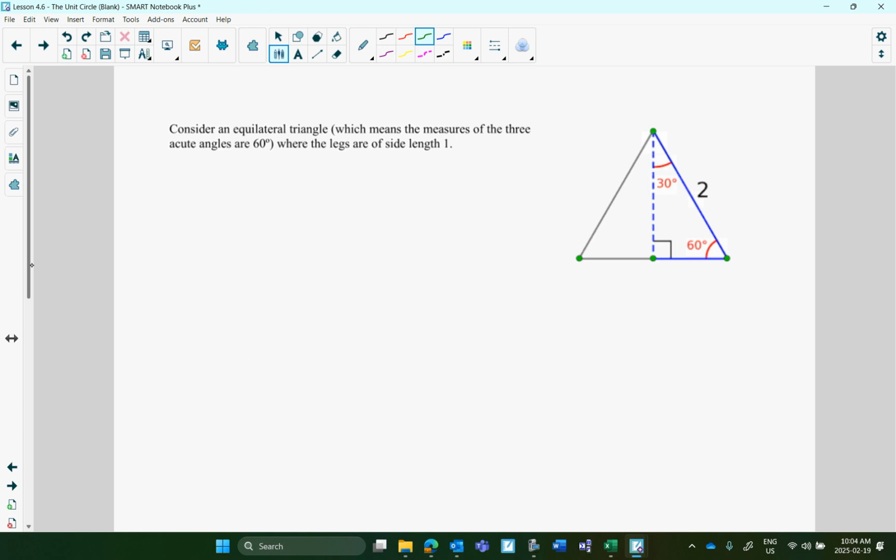I'm going to start here. I'm going to make an equilateral triangle where all the sides are 2. Okay? Because I do equilateral, because if I take out half of the equilateral triangle, I get a right triangle where one is 30, one is 60, and one is 90.